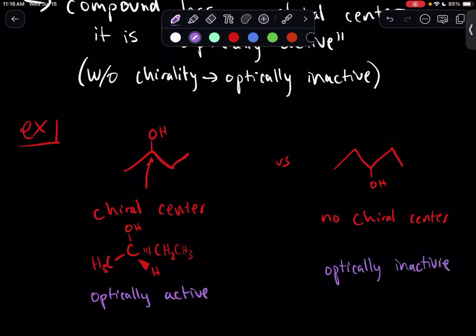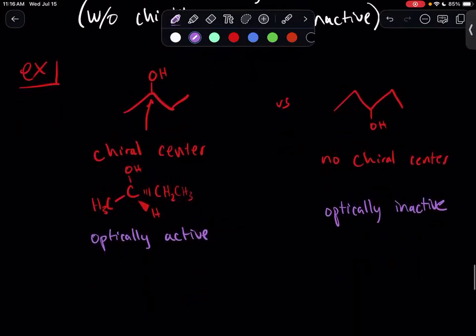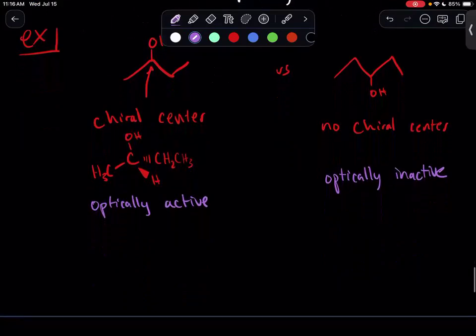To use more terminology, the one on the left has enantiomers or optical isomerism. The one on the right has no enantiomers, no optical isomerism. So why do we call them optical isomers?